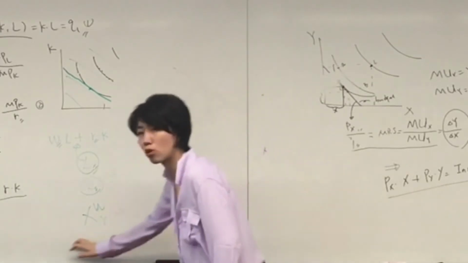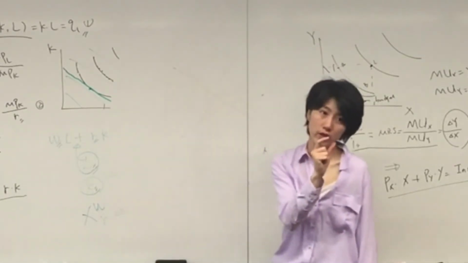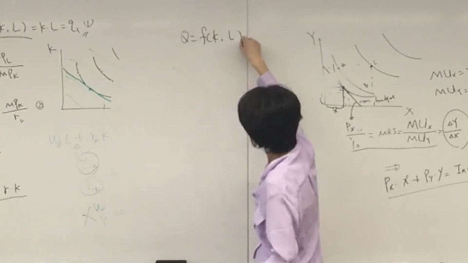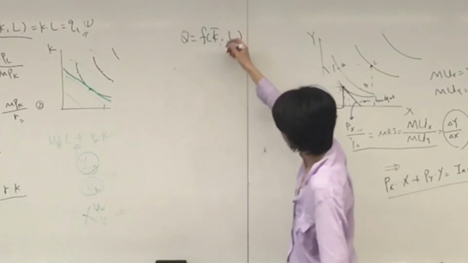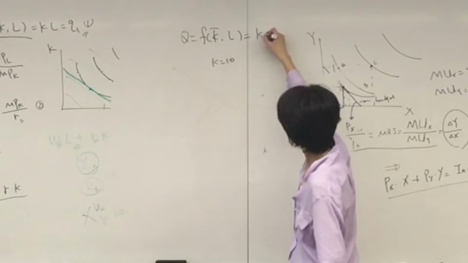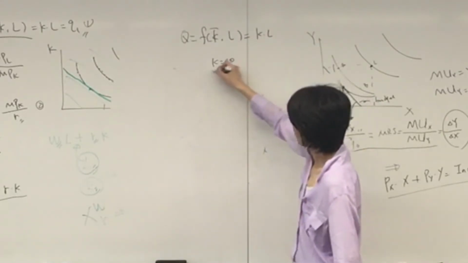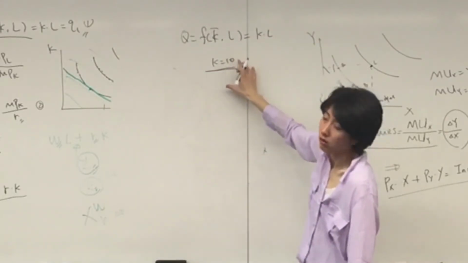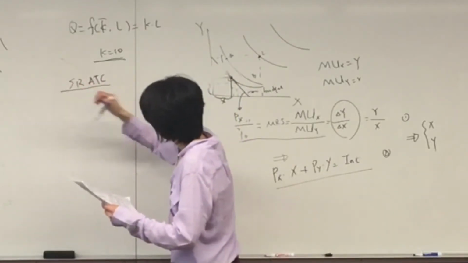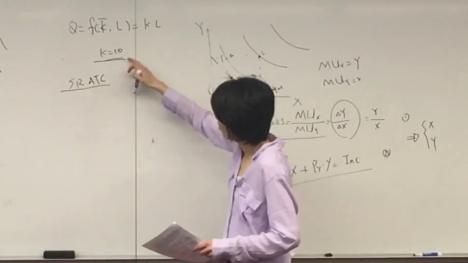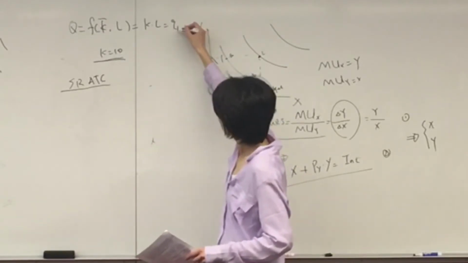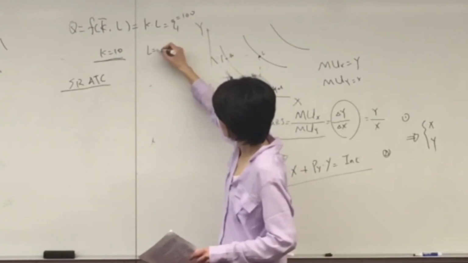If it's short run, that means at least one input is fixed. So Q is F(K, L). If it's the short run, that means K is fixed. For example, K is 10, for your case 10, that's happening in the short run. Average total cost. So K is 10. Produce a given amount of output. If this Q1 is 100, and L is 10.